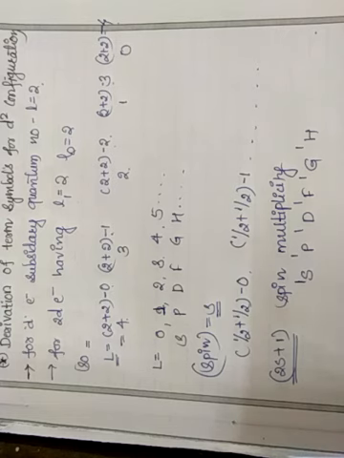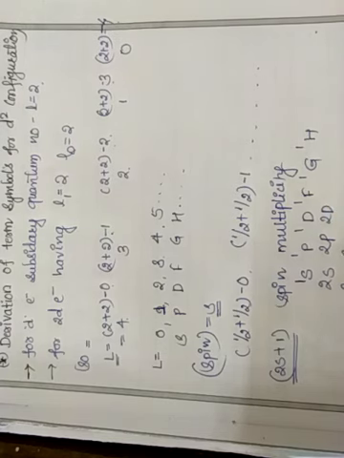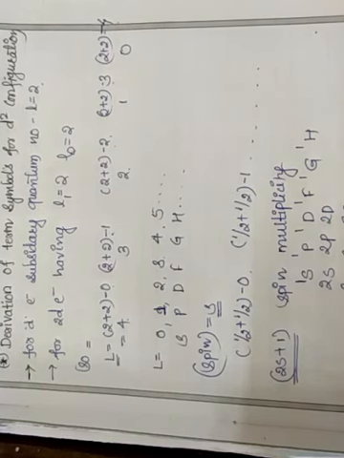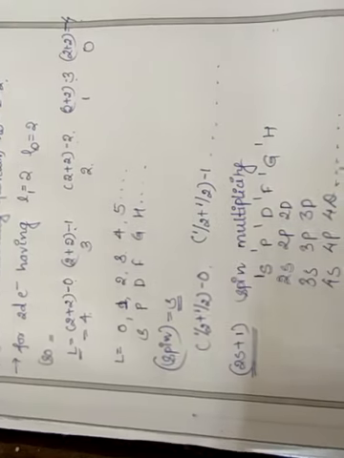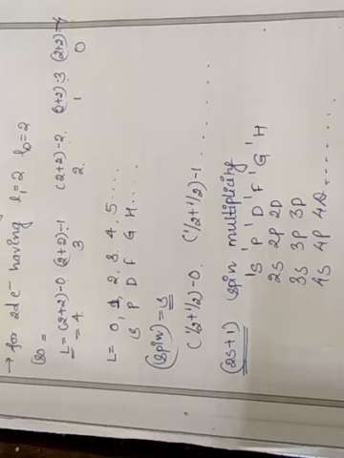In this way again for 2s, 2p, 2d, again 3s, 3p, 3d, again 4s, 4p, 4d, and so on it will be carried out. In this way we derive the terms and symbol for d2 configuration.